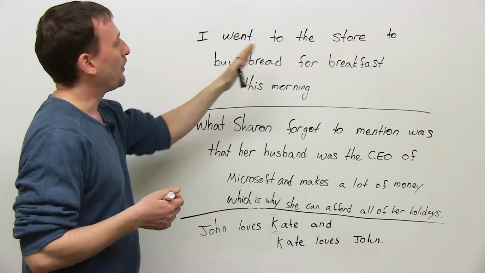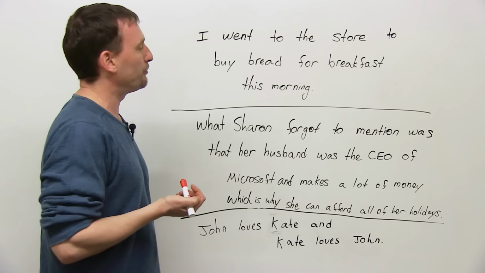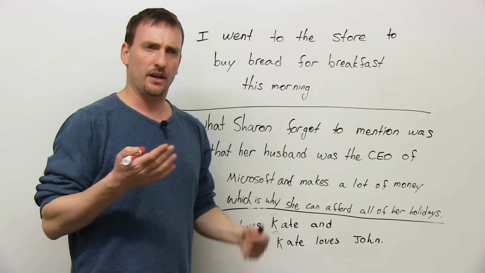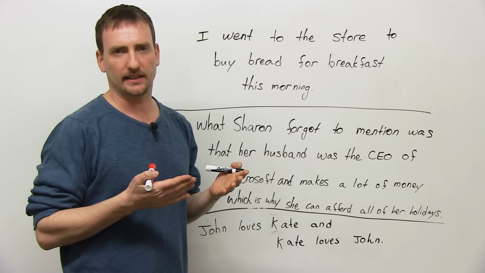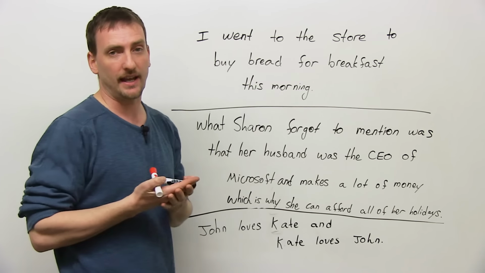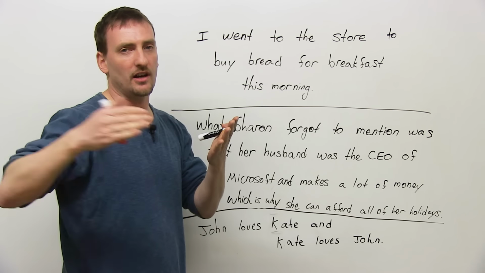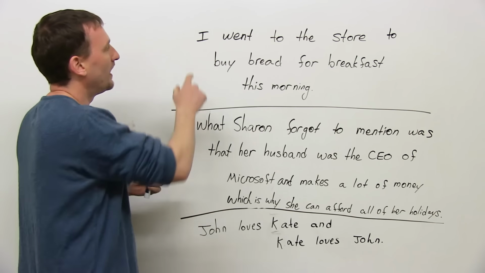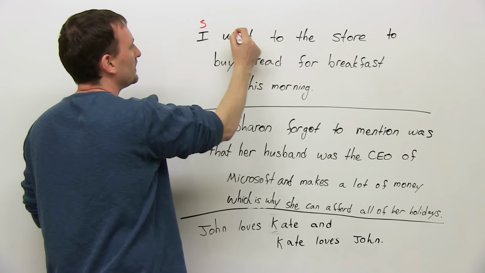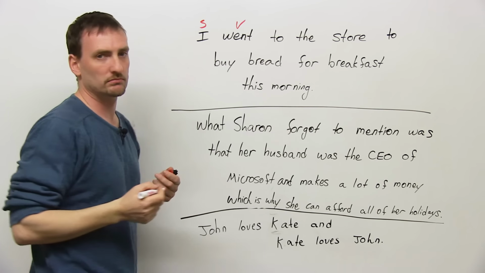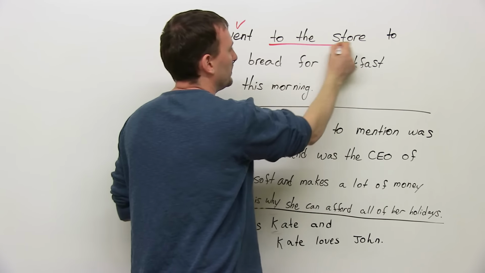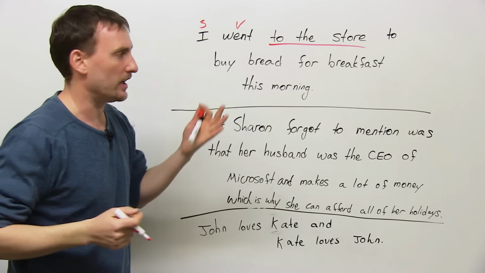But I went to the store to buy bread for breakfast this morning. Now, this might seem like a bit of a complicated sentence, but it's actually a simple sentence, and it only has SV, lots of C's, okay? I went, subject, verb. Where? To the store. This is an adverbial, where?